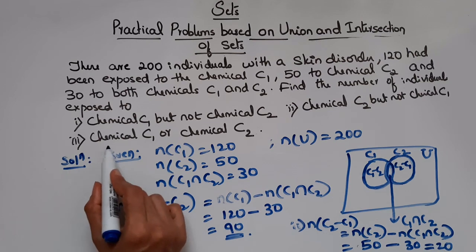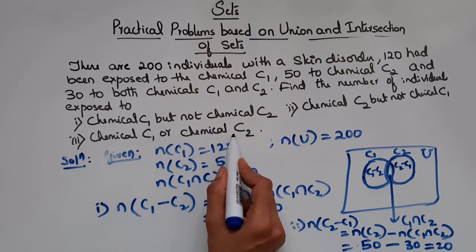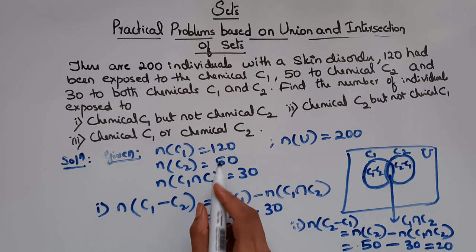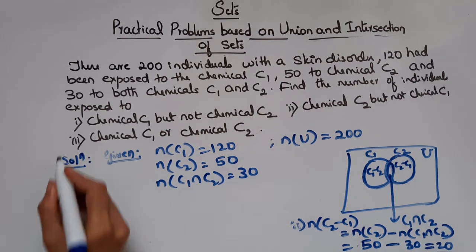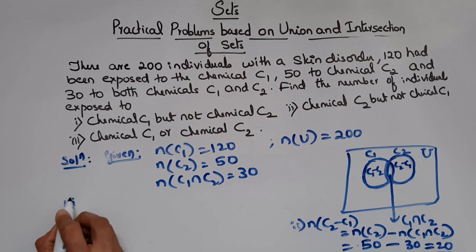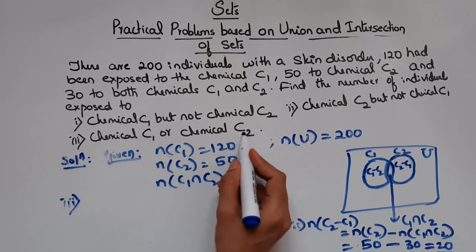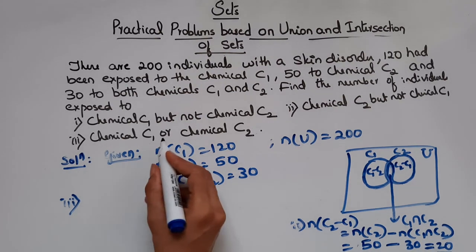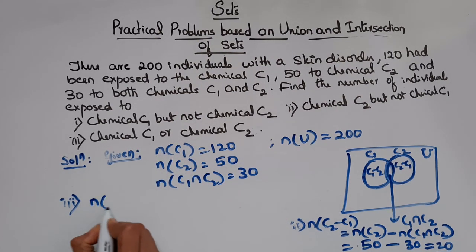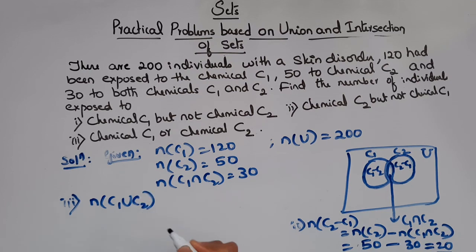Now let's see the last one here, chemical C1 or chemical C2. Any of these chemicals, that means it's union, right? Now let's see the third one. Here we have to find chemical C1 or chemical C2, which means any chemicals. The people who are exposed to any of these chemicals, C1 or C2, which means N of C1 union C2.